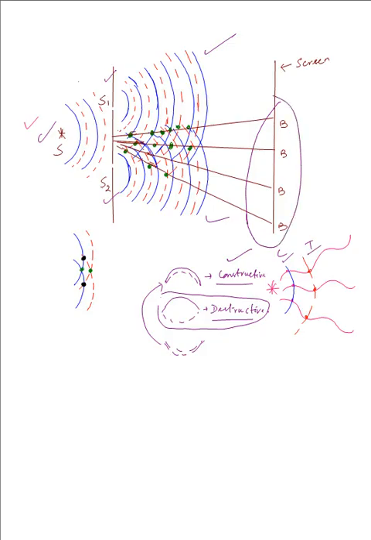So as you can see, they are aligned so beautifully one after the other in a straight line that you are obtaining these bright spots on the screen that is placed right in front of it. There will also be dark spots.